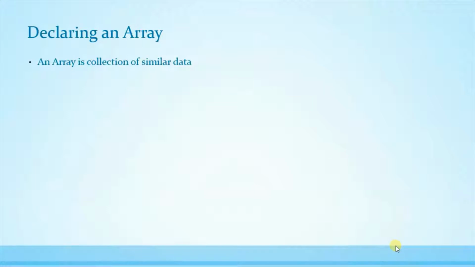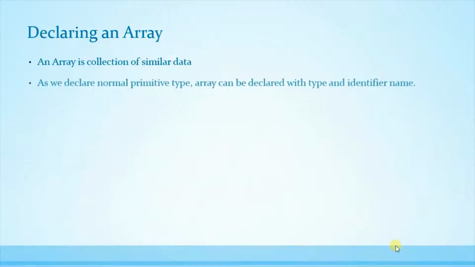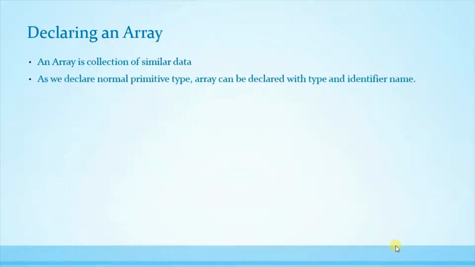In an array, we can store one or more data together. As we declare a normal data type, we can declare an array also. An array requires an identifier name as well as a data type.